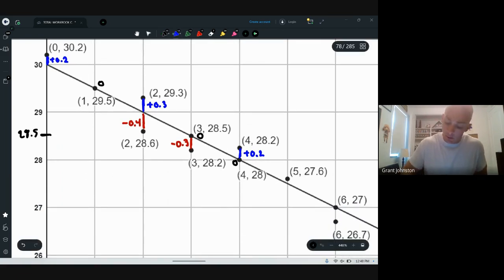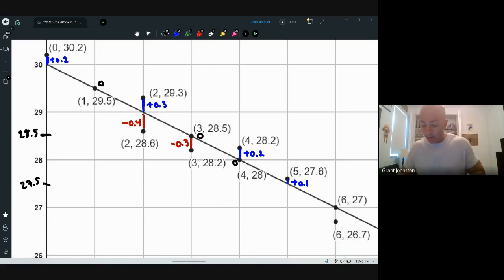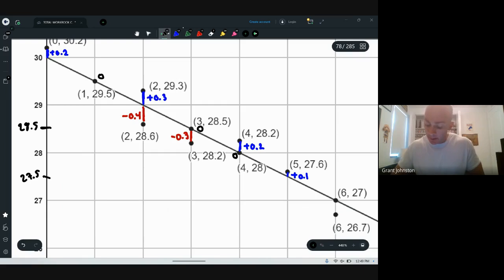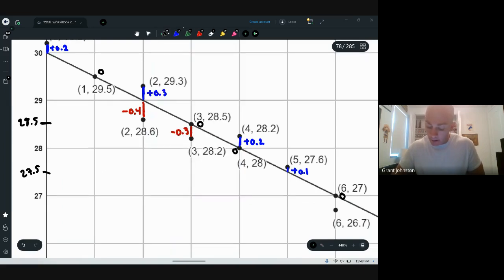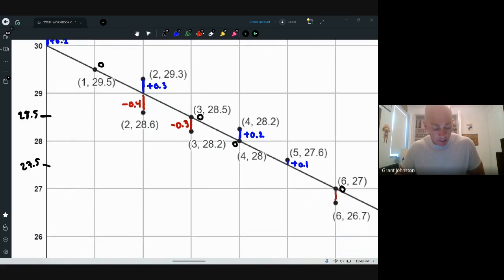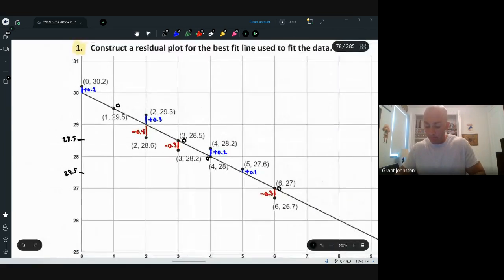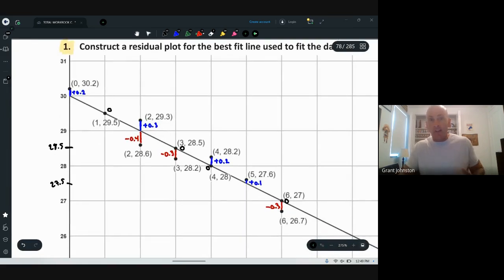This one looks like it's only a 0.1 because that line would be at 27.5, right? Here we have a 0. And then this would be a negative. That's at 26.7, so that would be negative 0.3. That's what residuals look like. It's just the distance those points are away from the line.